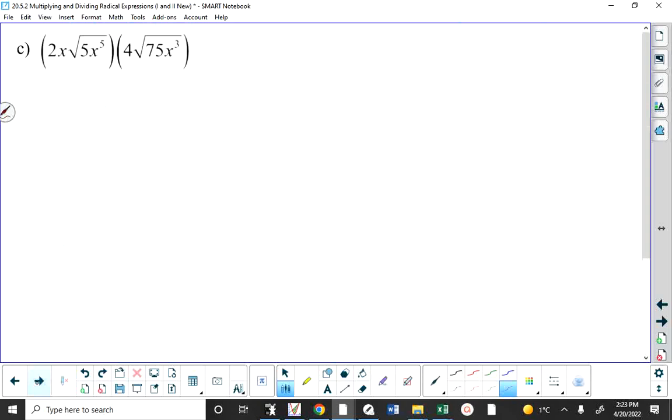Okay. 2x root 5x to the 5 times 4 root 75x cubed. I do want to rewrite this one.